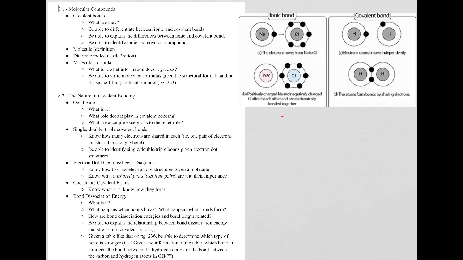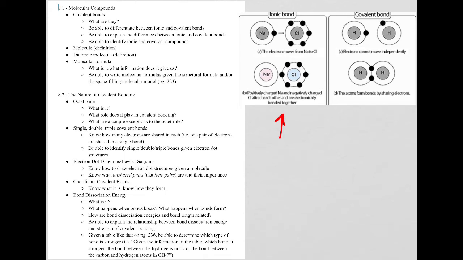So here we have ionic bonding. We have the sodium ion donating one of its electrons to chlorine. So when this happens, we have sodium getting a full-on plus and chlorine getting a full-on minus.